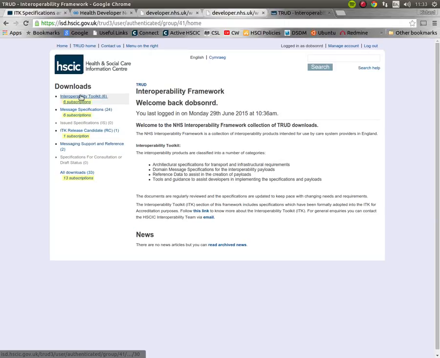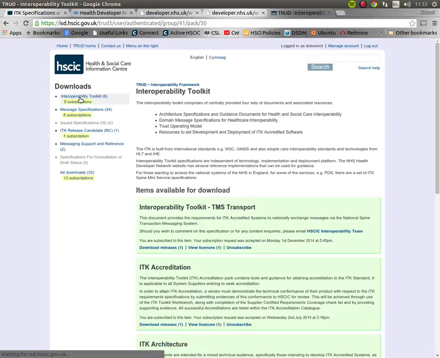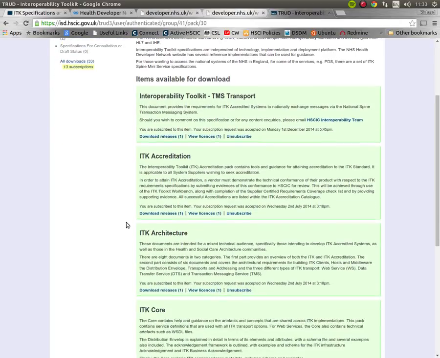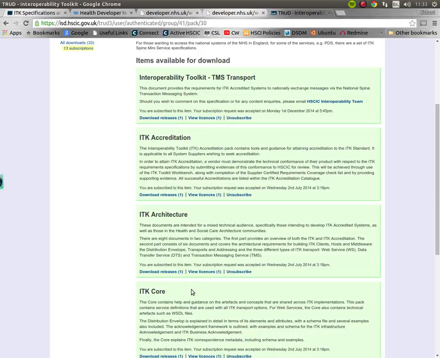The Interoperability Toolkit contains the core specifications, the ones that are, I guess, reused again and again, regardless of the payload that's being used. So predominantly this is where those specifications are stored. So we've got the ITK architecture and the core.